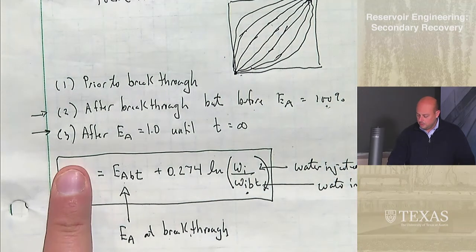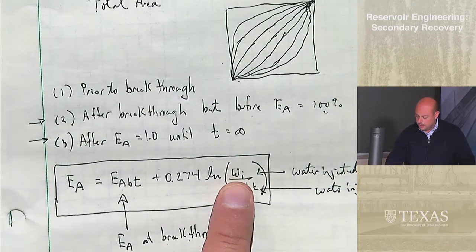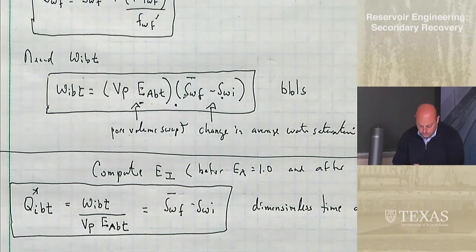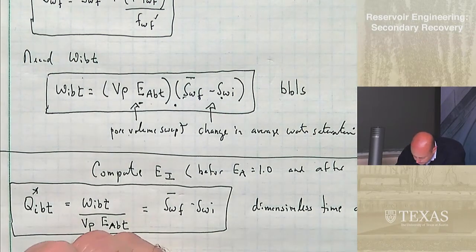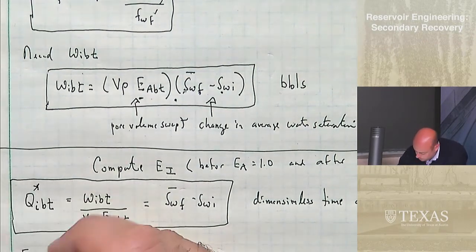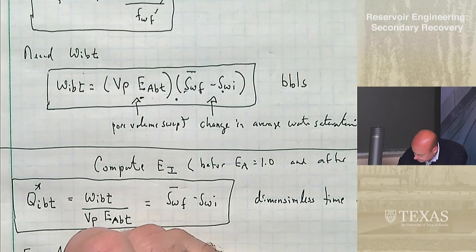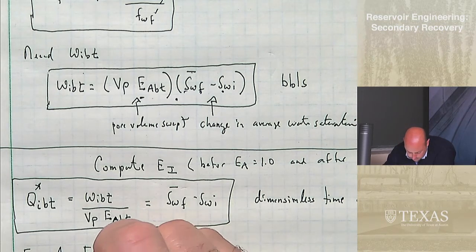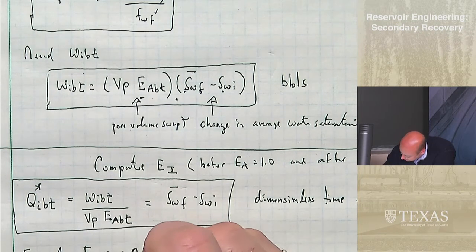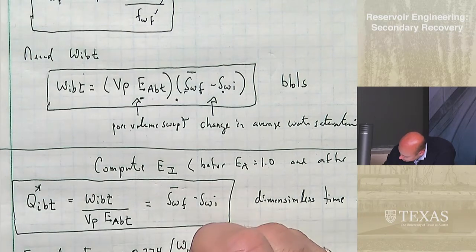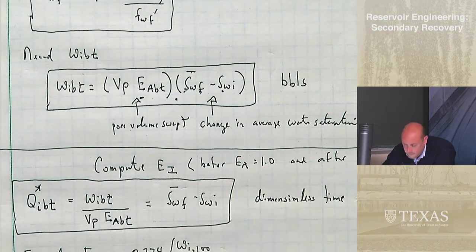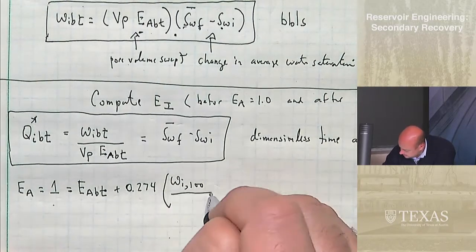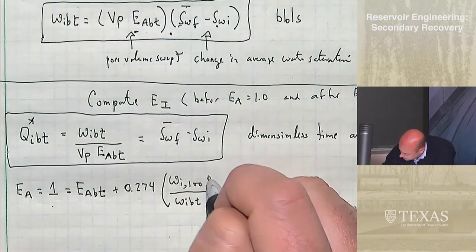So what I can do is I can say EA is equal to 1, which is equal to EA at breakthrough, which we know, plus 0.274 times the water injected at 100% sweep efficiency. I'll call that WI 100 divided by WI breakthrough.